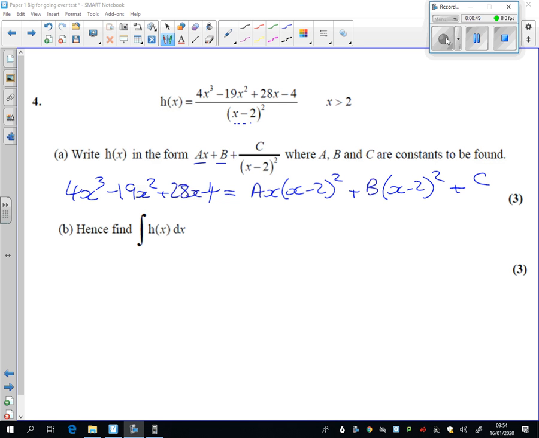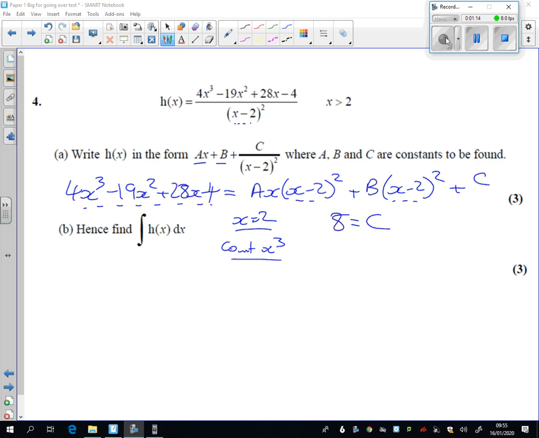And I can look at that and say, well, what happens when x is equal to 2? Because when x is equal to 2, this side here, just throw a 2 into all of that, makes 8. 2 in there makes 0, 2 in there makes 0, so I can figure out that c is going to be 8.